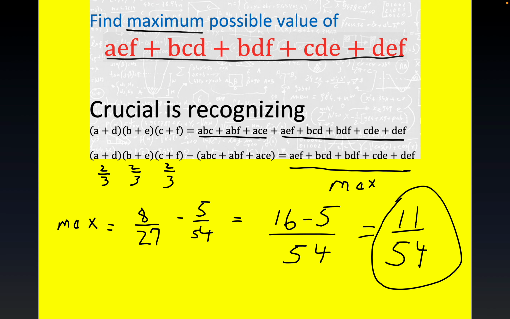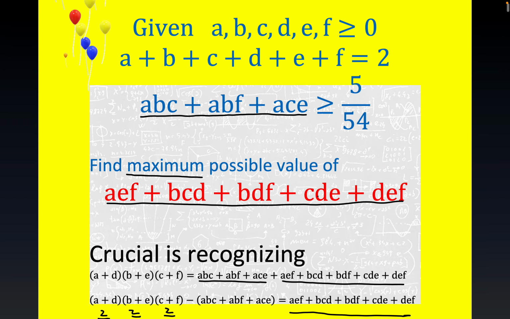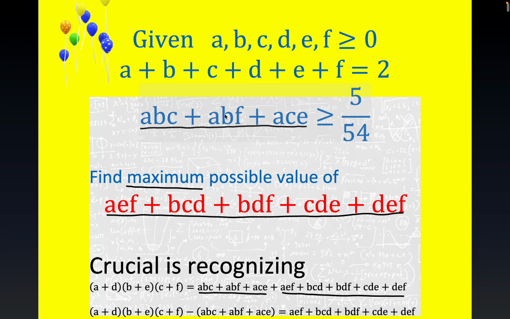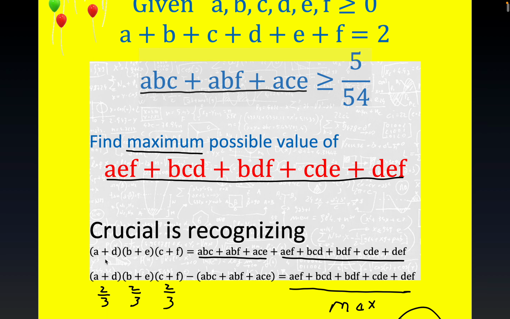Let me know, I always feel kind of hollow on these sorts of problems, from a sanity check point of view. There's not a lot given, right? This is quite a bit though. And then all of these add up to 2, and then this is the big step right here. When you multiply all this stuff out, you note that this object can be as big as it can be exactly when this one's 2/3, this one's 2/3, and this one's 2/3.